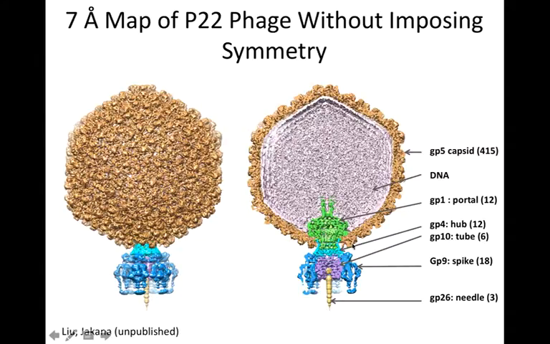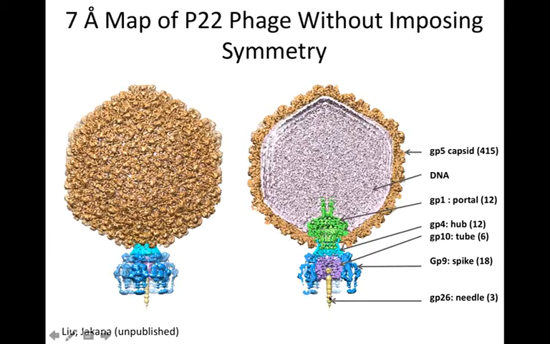From this kind of density map, even at 7 angstrom, we're able to delineate exactly what types of interactions are involved between each of the 12 copies of portal protein and the surrounding 10 copies of the capsid protein. I don't have time to go through all the detail about the interactions, but even at 7 angstrom, we learn a lot about the molecular interactions that make up this protein apparatus through which the DNA is encapsulated, and also when this mature virion is made.